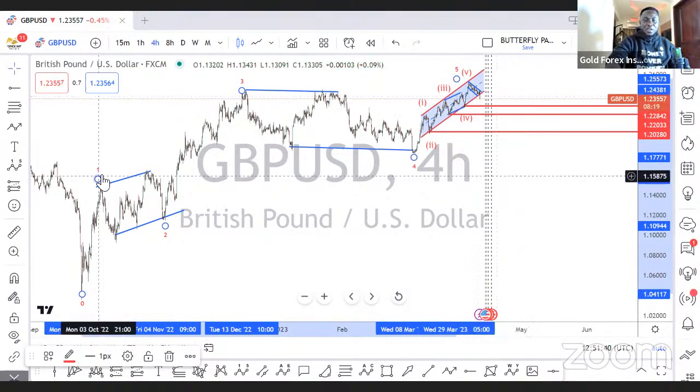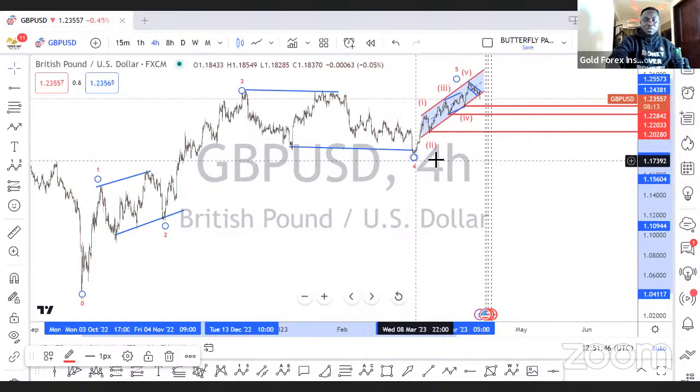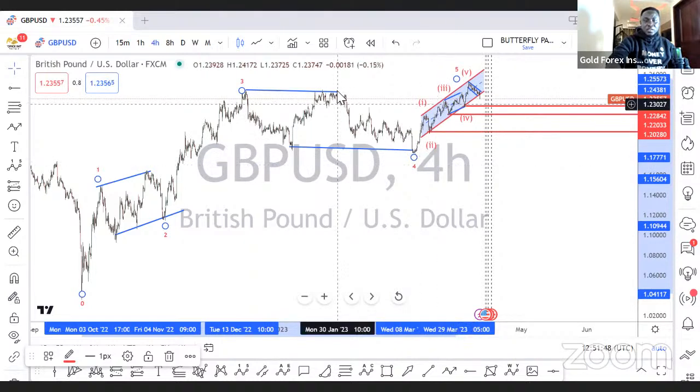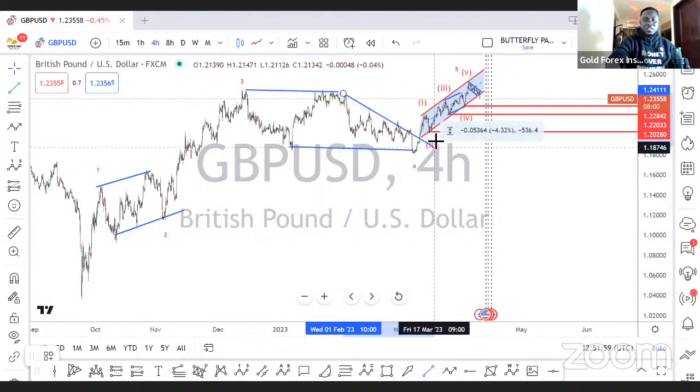So we have wave 1, wave 2, wave 3, ABC flat. This is a flat correction. And this kind of flat correction is a regular flat correction. Yes, it's a regular flat because this one did not exceed above the start of this move. So it's a regular flat correction.